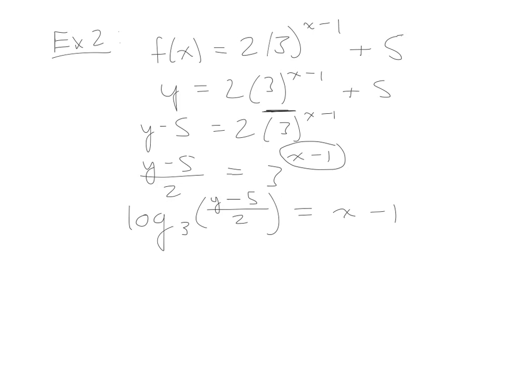Because a logarithm is really just an exponent, in this case the exponent x minus 1. And last step is to add 1 to each side. So I have log base 3 of the quantity y minus 5 over 2, plus 1.